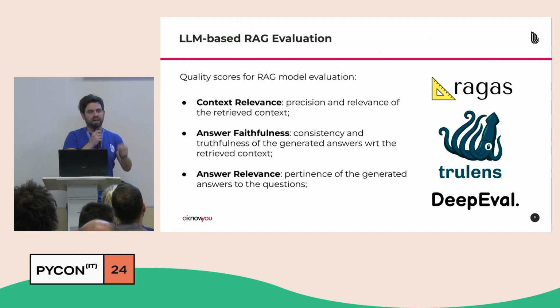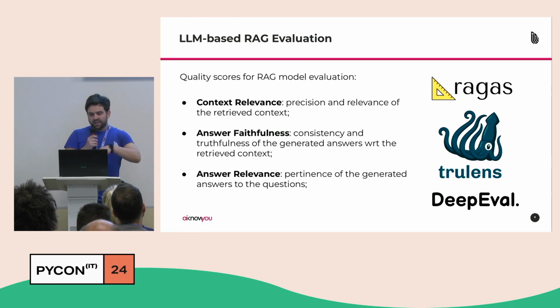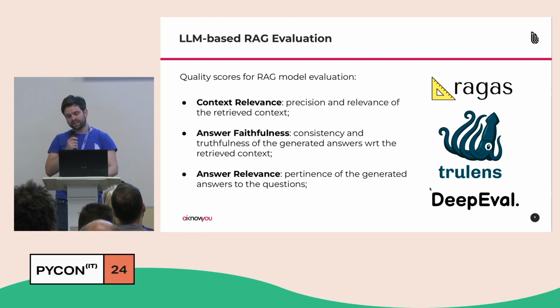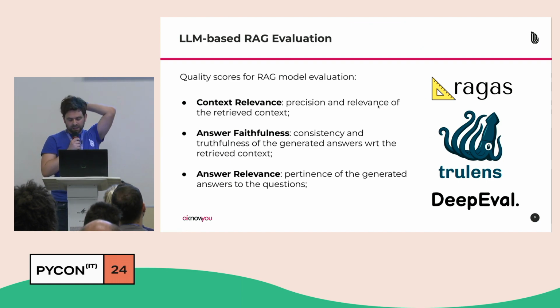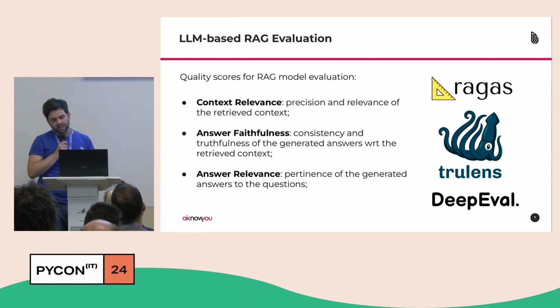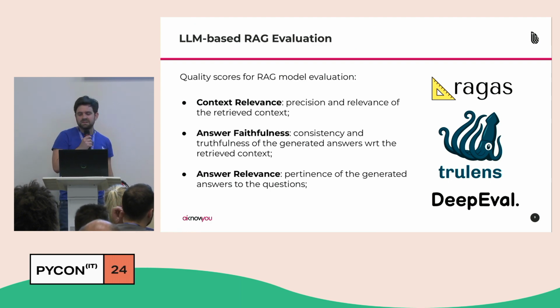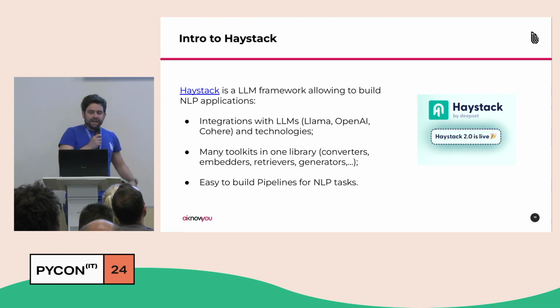So I would like the answer to reply in a good way to the original input. Here I put some libraries which can be useful: Ragas, TruLens, and DeepEval, but there are many more. Ragas and DeepEval are integrated in Haystack. TruLens is not, if I remember well, but yeah, they are useful. I strongly suggest trying them.